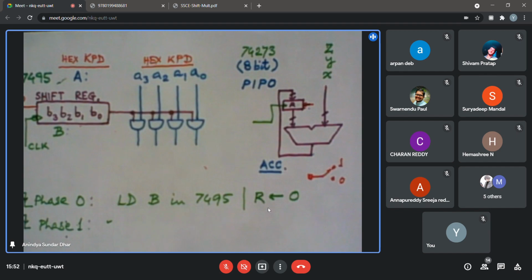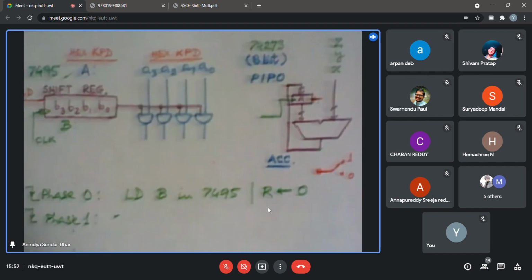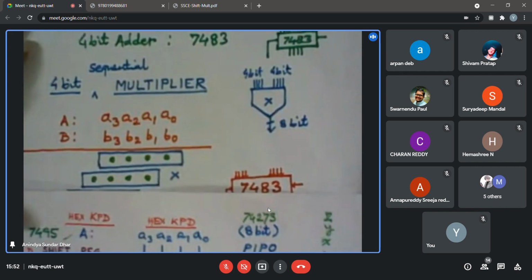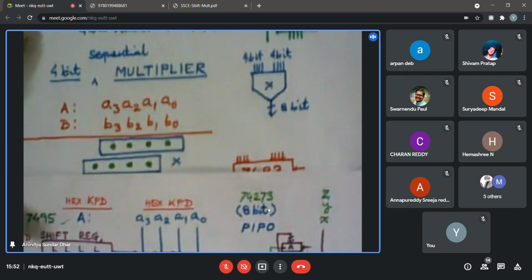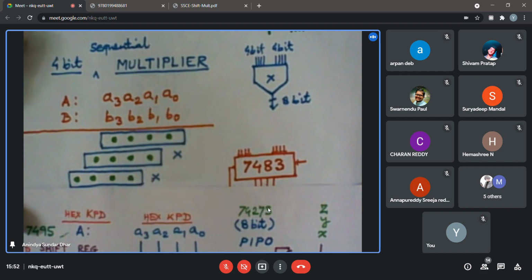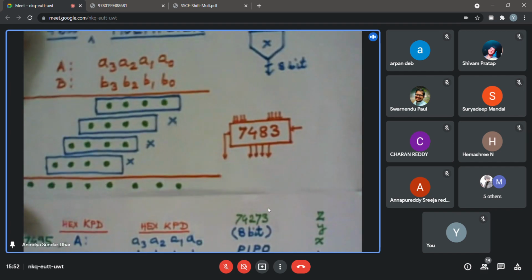But right now, rather than using a pulse, if you use a pulsar, you have to use a very slow speed. So it is preferred that you use manual clocking. You know how to do a single step, right? So do not run it completely. In every step, look into the register content, whether it is appropriate. Appropriate means you can find out what the partial product will be after adding 2 of them, after adding 3 of them, after adding 4 of them, and finally you will get the final result.